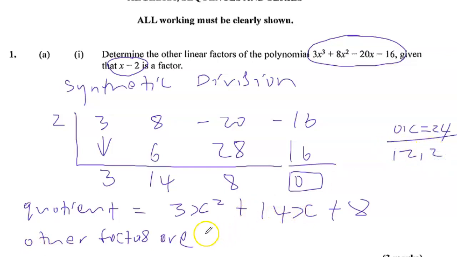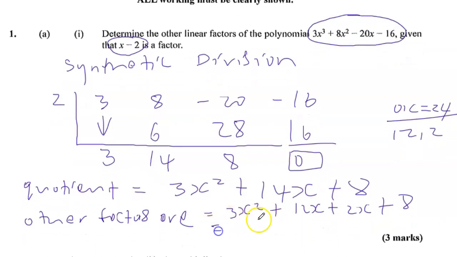So this would be 3x squared plus 12x. Rewrite the 14x as 12x plus 2x plus 8, and then we factor by groups. We factor out 3x as a common factor, and we are left with x plus 4.